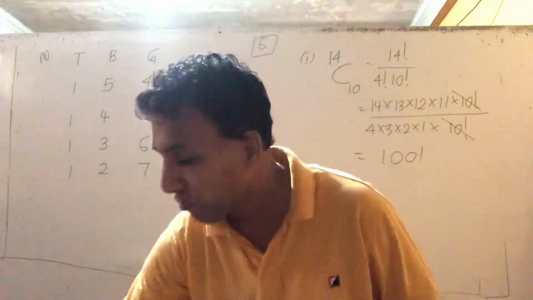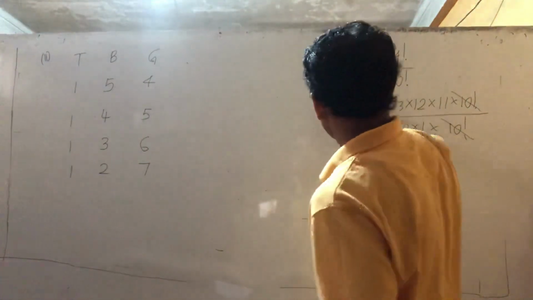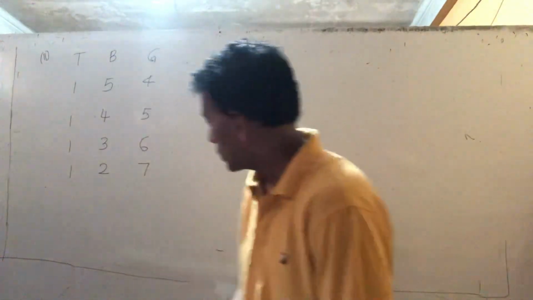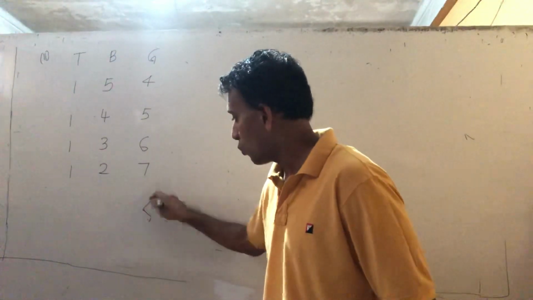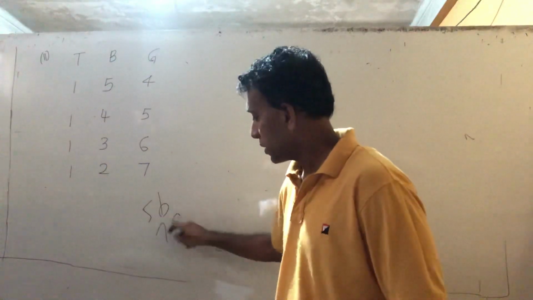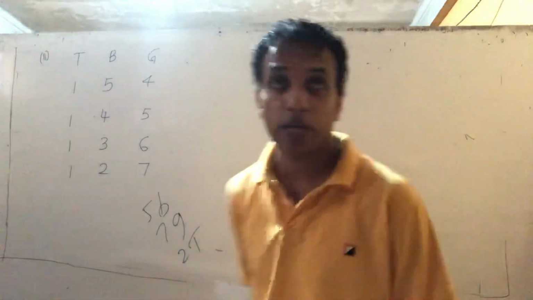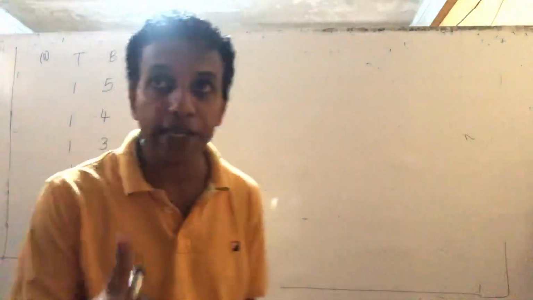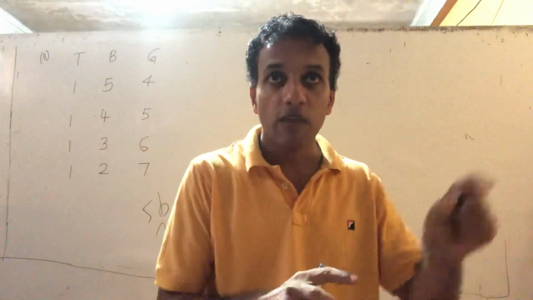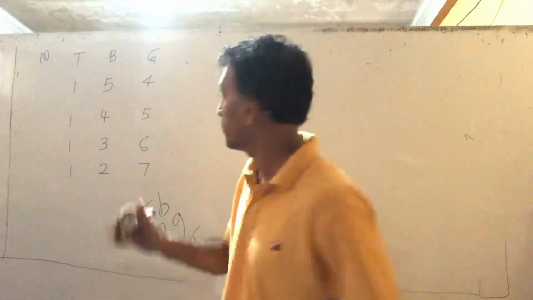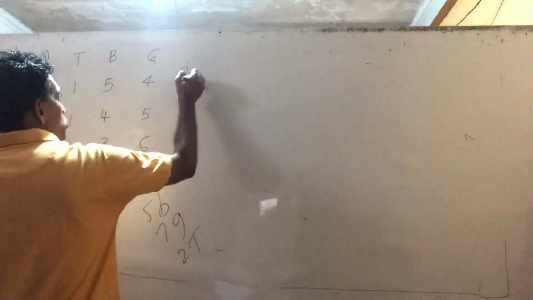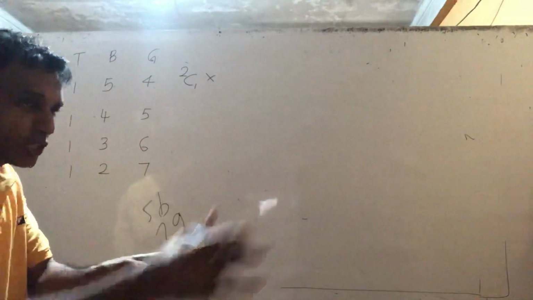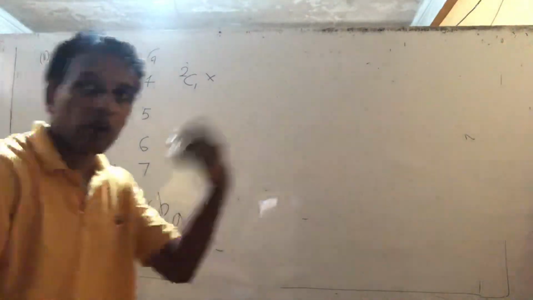Okay, now we find what the combinations are, how to find this. So the problem says 5 boys, 7 girls, 2 teachers. What is the collection of this? How to select 1 teacher from 2 teachers, what is the method? 2C1, multiplied, because for every combination we have the other one also, that's why we are multiplying.